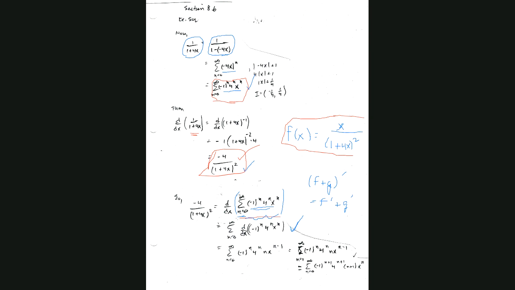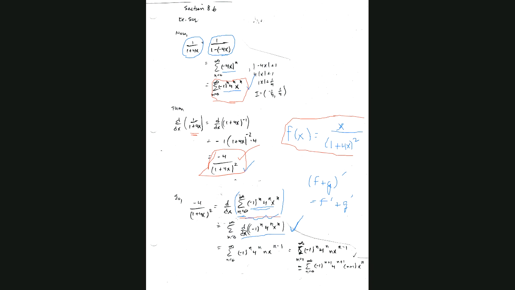So look, we have the derivative with respect to x of negative 1 to the nth power times 4 to the nth power times x to the nth power. What are negative 1 to the nth power and 4 to the nth power treated like relative to x?